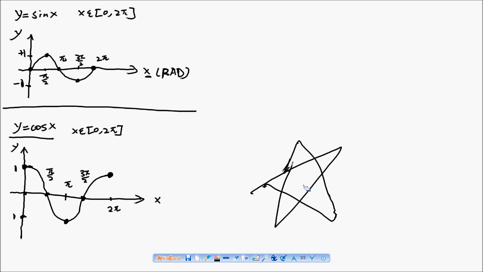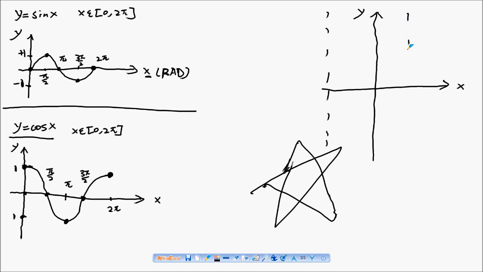Now in a tangent graph, I draw it by hand. What I need to do is draw two of the asymptotes and label them. I label this one pi on 2, I label the other one minus pi on 2, and I draw a line like this going through the origin.